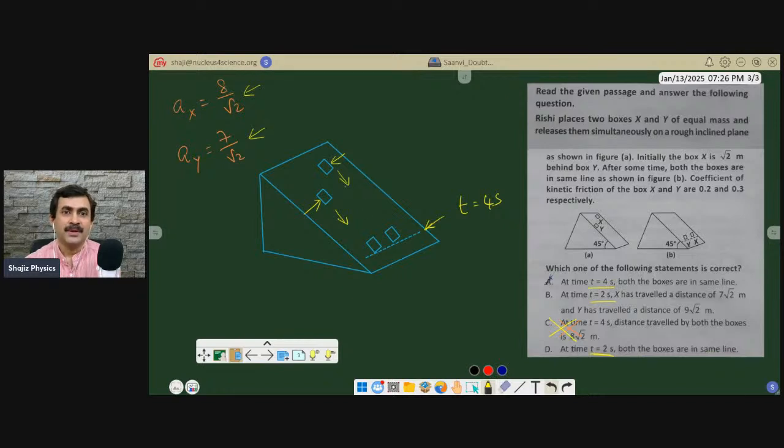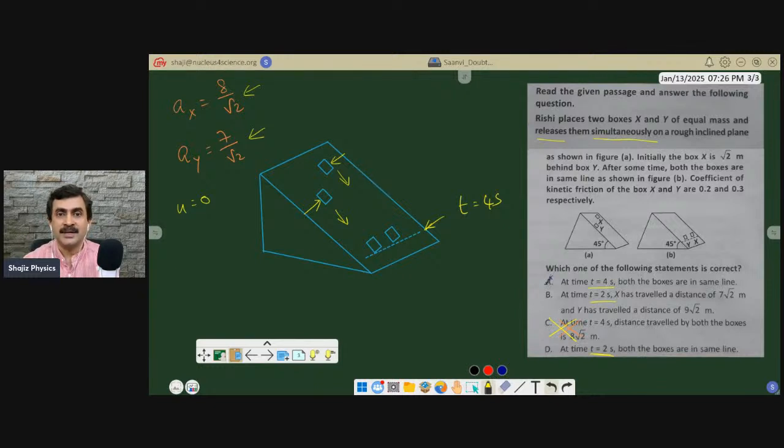Since this is an accelerated motion and the initial velocity is 0, that also we found in the first slide itself. It is clearly mentioned that both the boxes are released simultaneously.